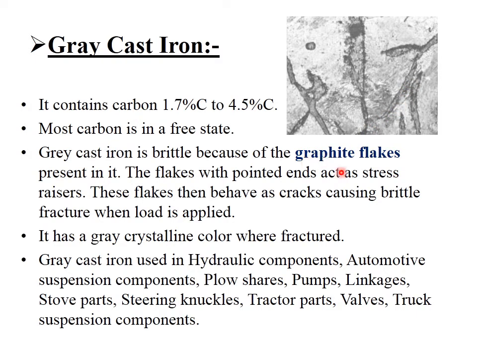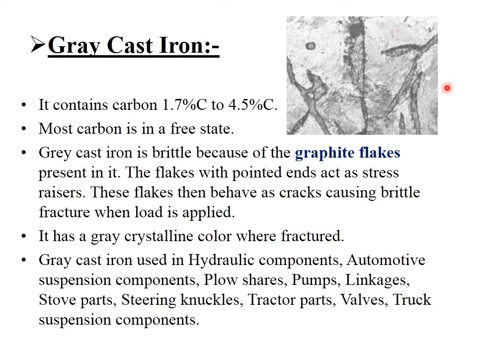Here it is mentioned. So if you see the microstructure of gray cast iron, then you can see clearly the flakes in the form of thick lines, and that is nothing but the graphite flakes. And that is the reason that this cast iron is known as gray cast iron. These flakes are gray in the picture, right? So this is known as gray cast iron.